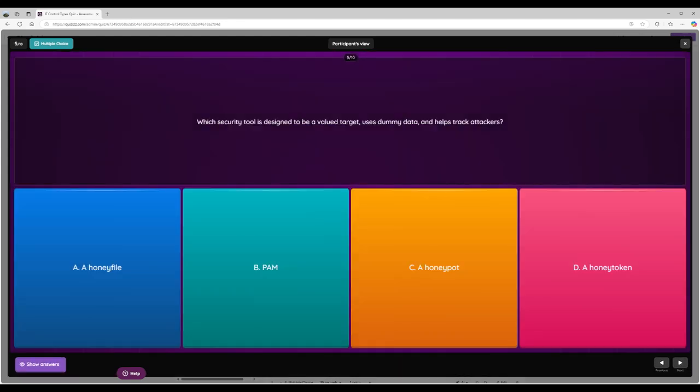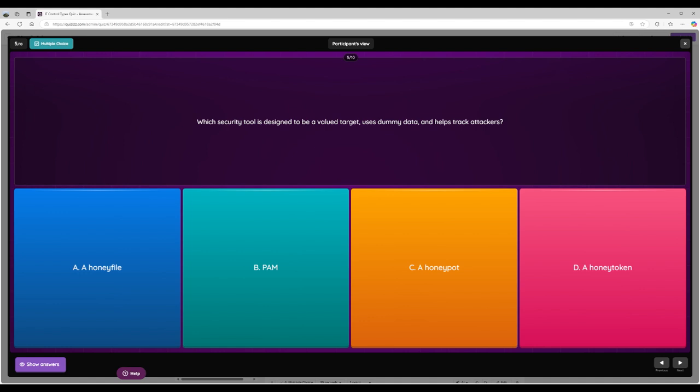Number 5. Which security tool is designed to be a valued target using dummy data and helps track attackers? Okay. We saw a similar question to this earlier, in which the answer was the honey token.